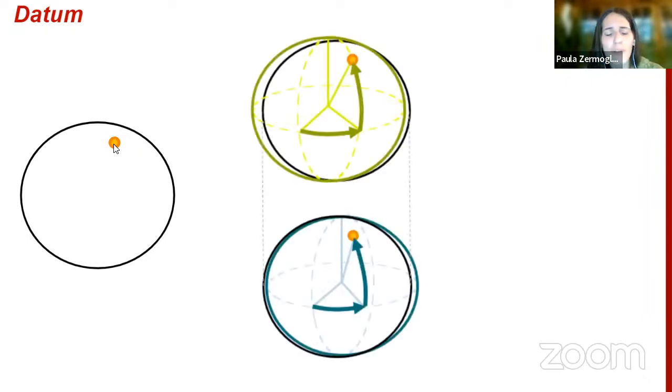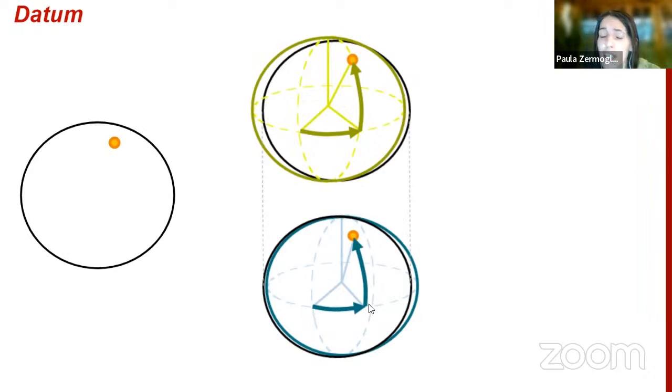Now, if we want to represent that dot with the different datums, and we want to provide coordinates for that dot, if we use this first datum up here, the green one, we will have a latitude, a longitude. We were saying they are angular distances. If we use datum B, we will have a latitude and a longitude.